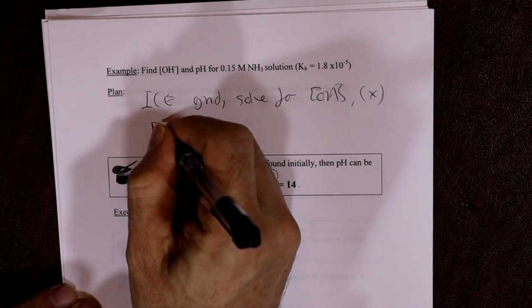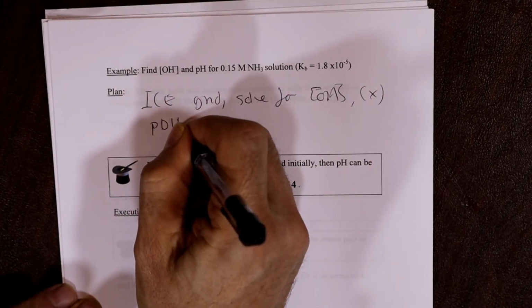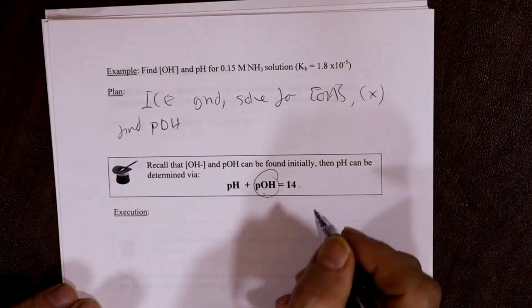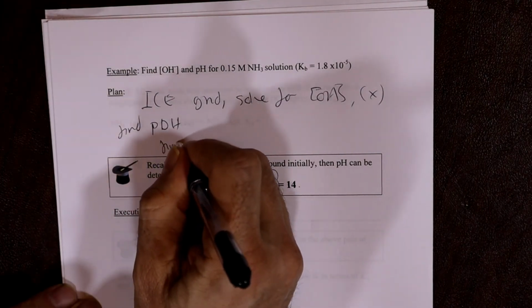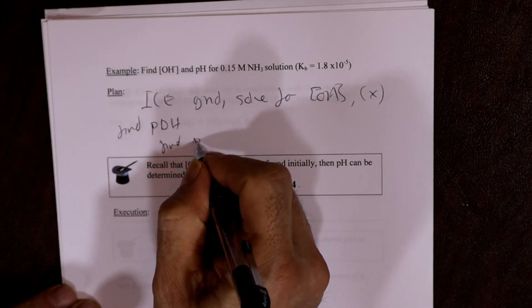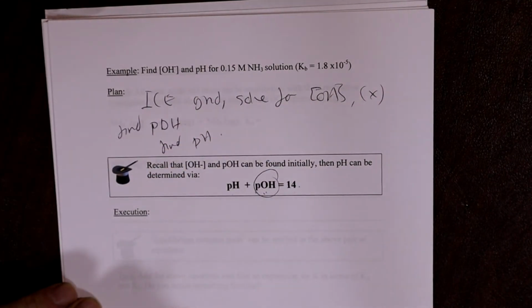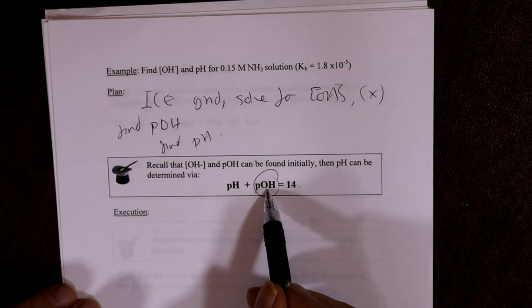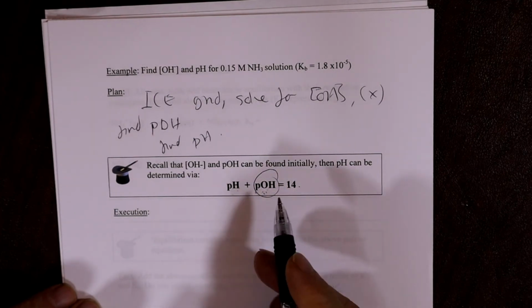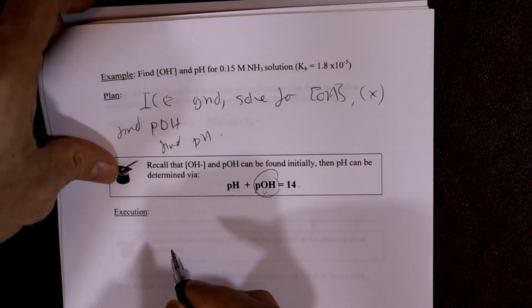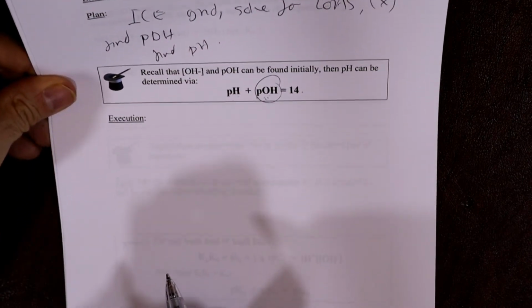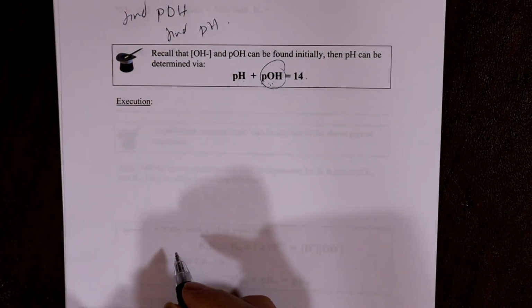And hey, if we've got the OH minus concentration, well, you can find pOH. And then, hey, use the relationship here to find pH. Okay, so quite similar to the previous question, but the little twist on the end is always converting pOH to pH. All right, so the execution. I'm trying to be mindful to keep pulling this up so it doesn't go off the bottom of the page.